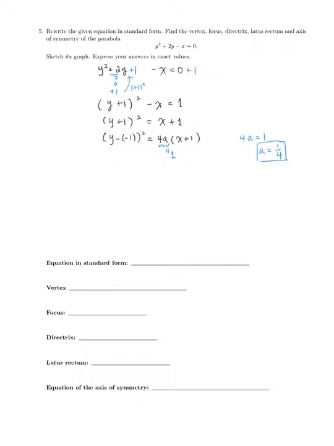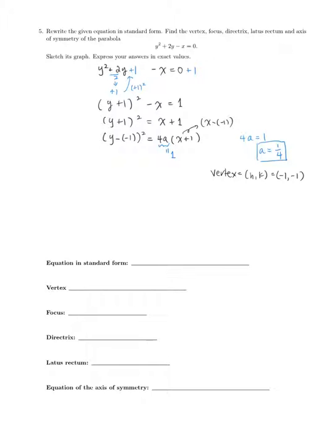Now if I did that, let's compute the vertex of it. Vertex is what? h comma k, which is going to be -1 comma -1, because I can write this as x minus (-1).